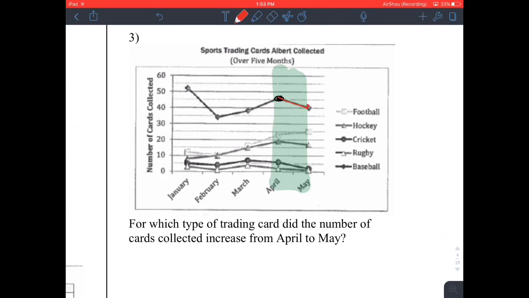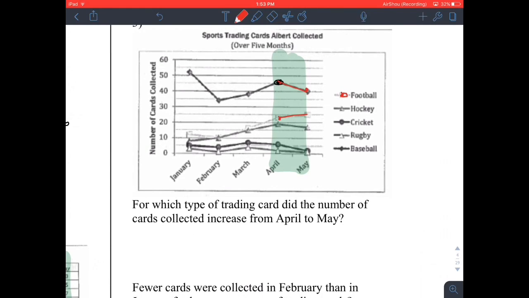Numbers got smaller, from like 45 to 40. If you look at the one that's got the square, which looks like football, it went from below 25 to about 25 from April to May. That one increased. So we're going to say that one's football. If you look at the other two, they all went down. So we'll say football.